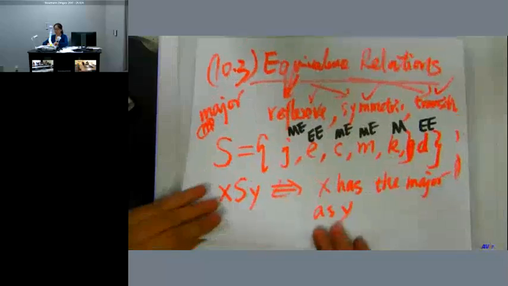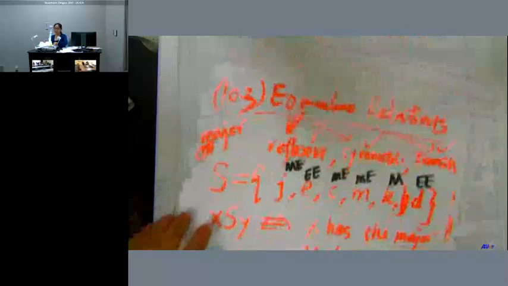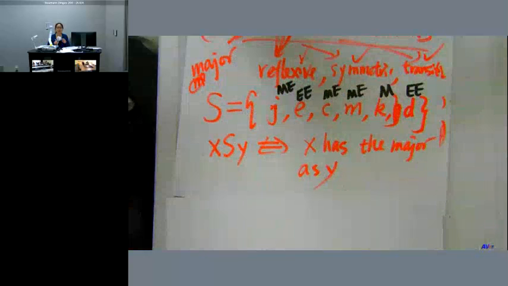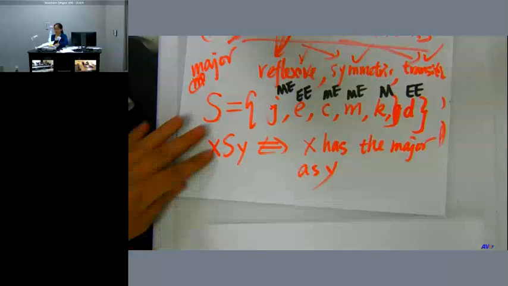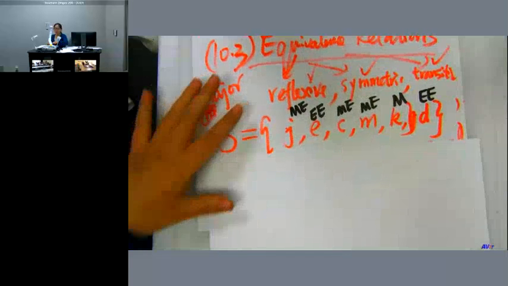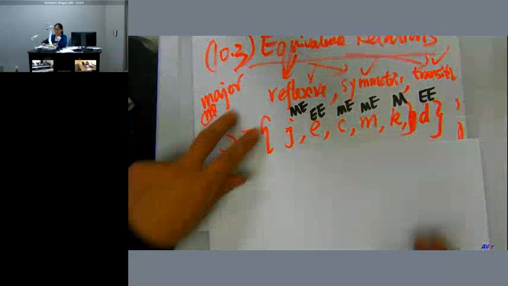So what is the equivalence class? The main idea is you put all the students who are related to each other in one class. We don't call it a group, we call it one class, okay? So, look at their majors. Who will be in the same class?